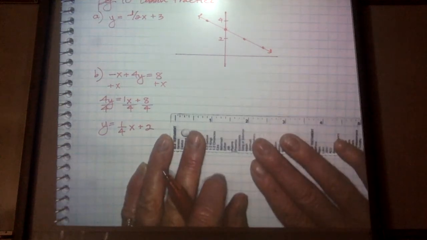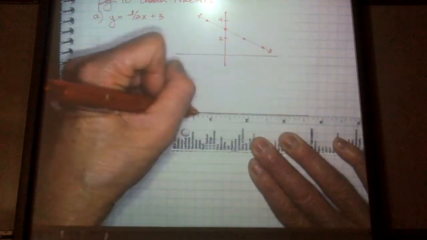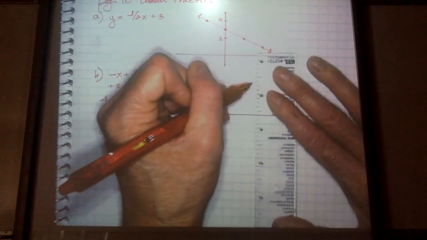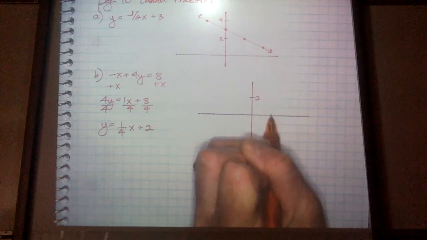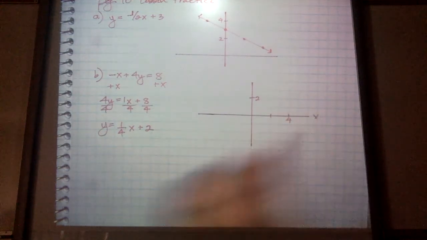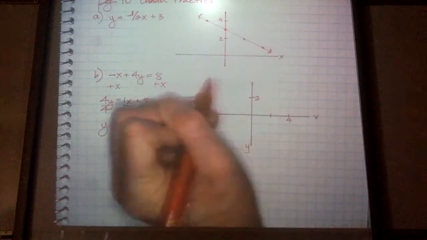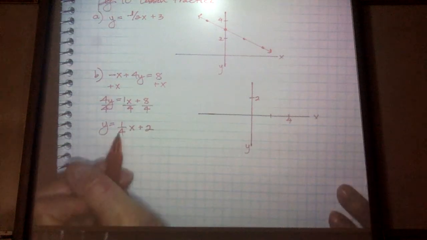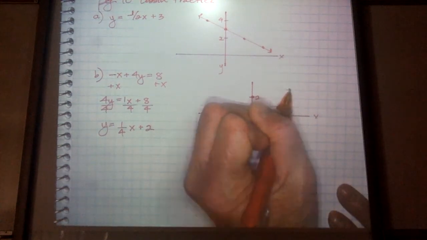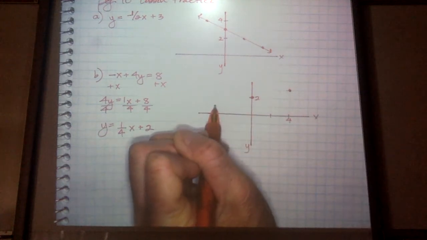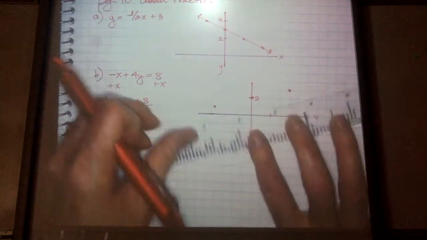So here we go. There's my y-intercept, up 1 over 4, down 1 over 4. And that is what it should look like.